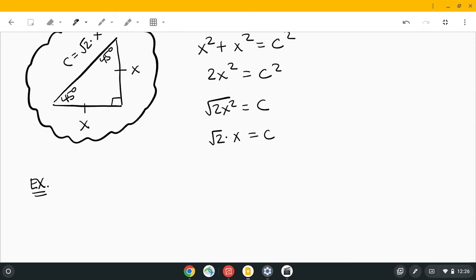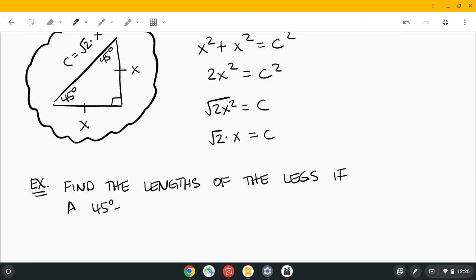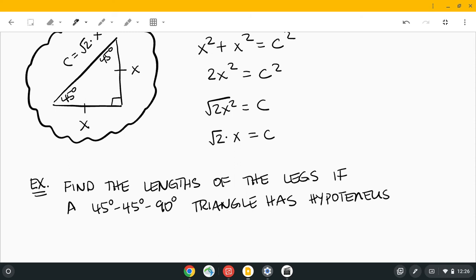Find the lengths of the legs if a 45, 45, 90 degree triangle has hypotenuse equal to 10. Okay?